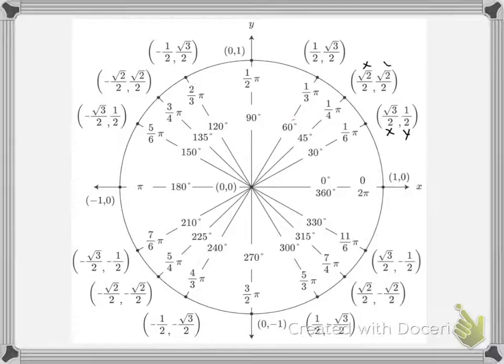All of these are the coordinate points of how to get to those points from the center of our circle. So it took me a certain distance x, 1/2, and a certain distance y, square root of 3/2, to get to this point. Now, let's go on to work out some of these problems.